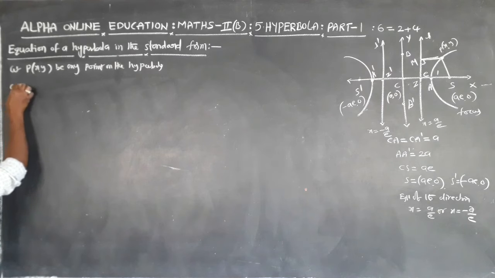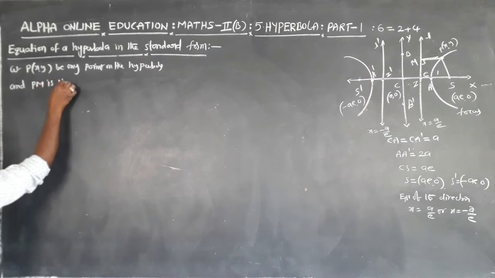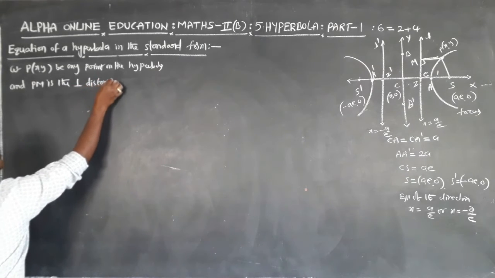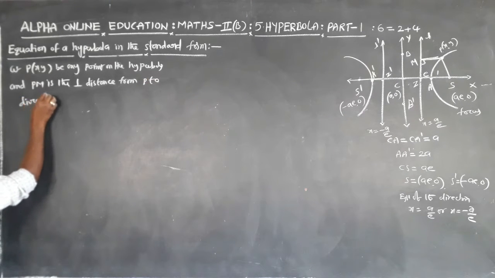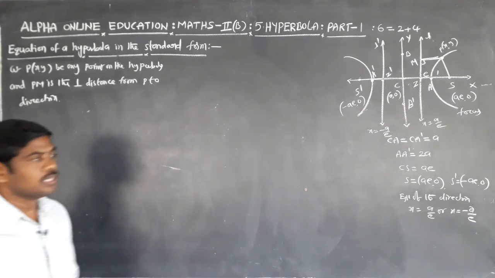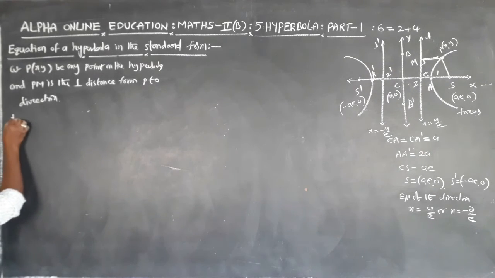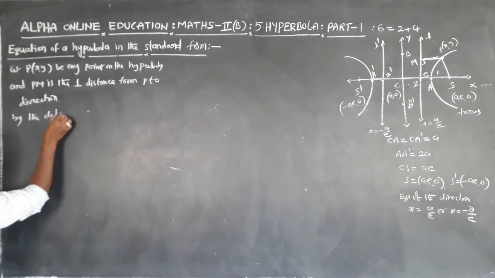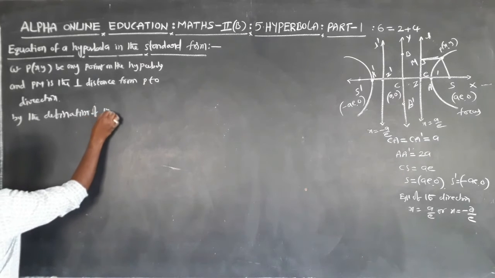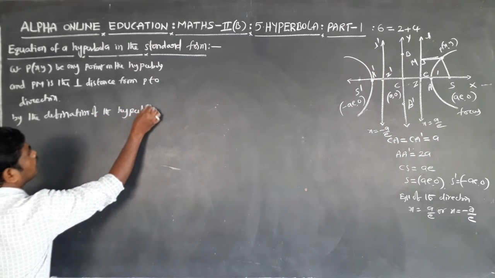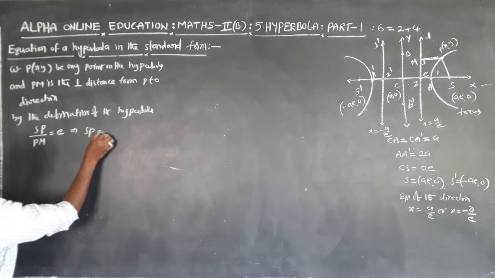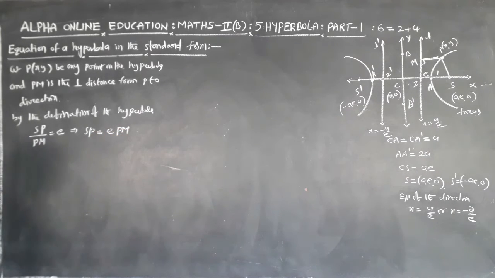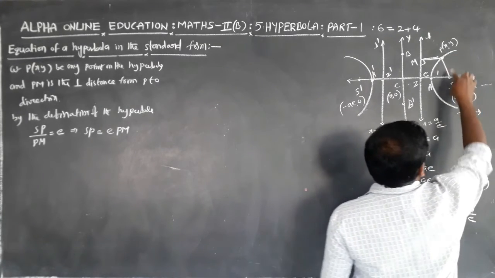By the definition of the conic, for the hyperbola, SP by PM equal to e. SP is equal to e times PM.